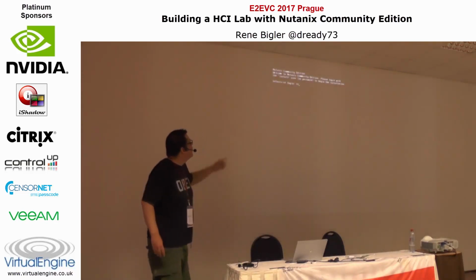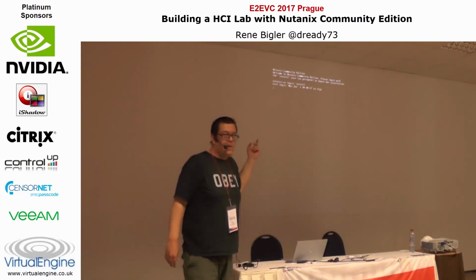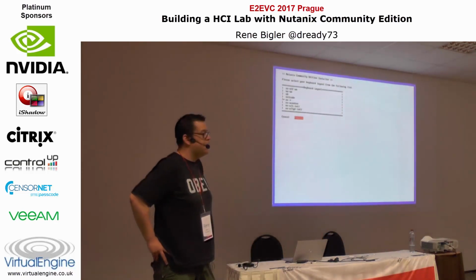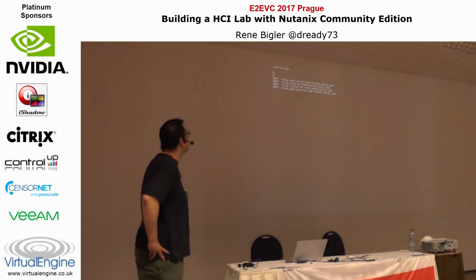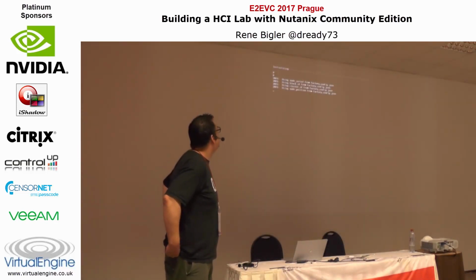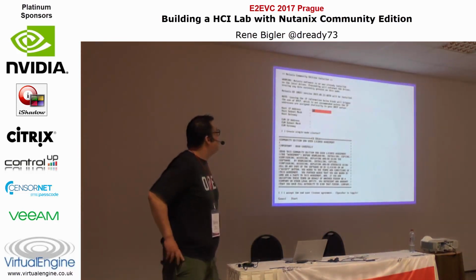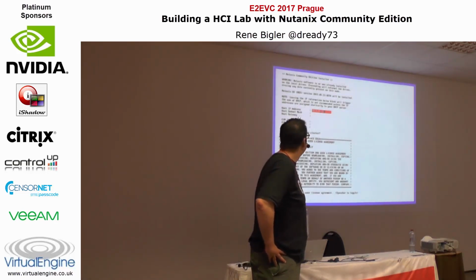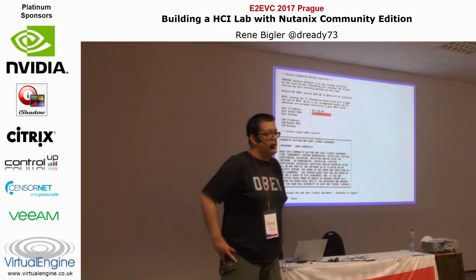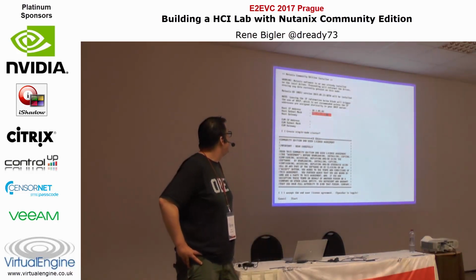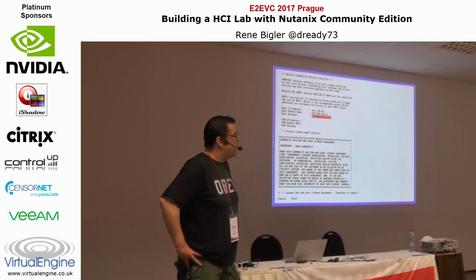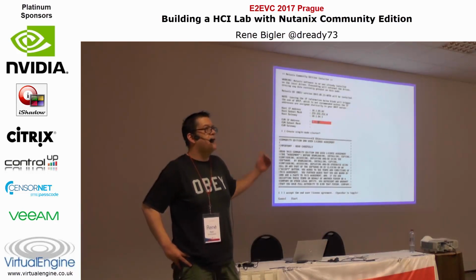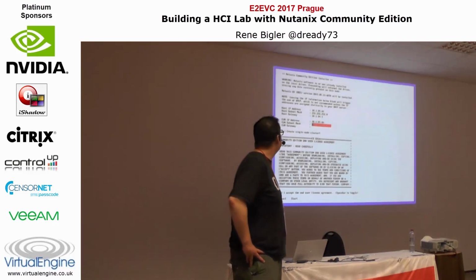Then you just have to log in with the user install. Select your language. Put in the IP address for the host, subnet mask for the host, gateway of the host, and the IP address for this controller VM, CVM, that will run on top of the hypervisor.